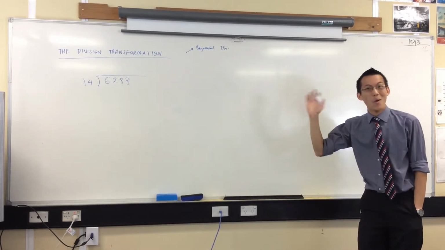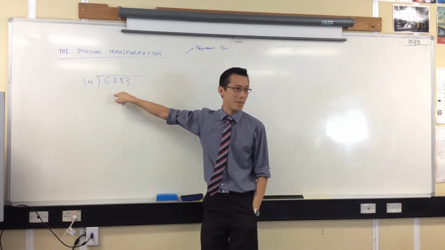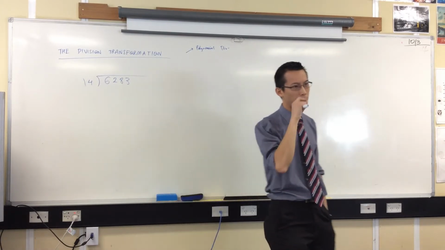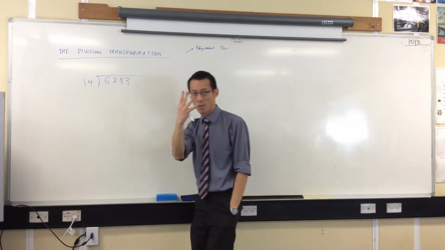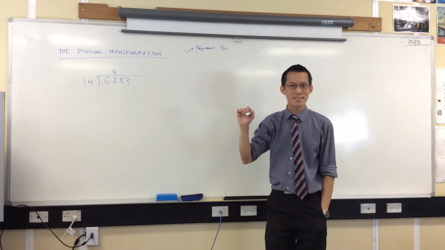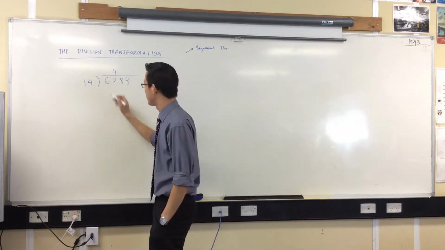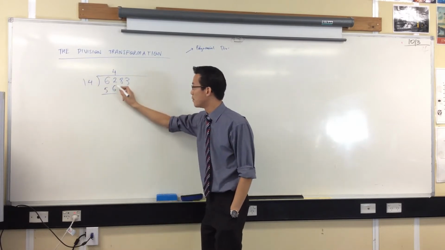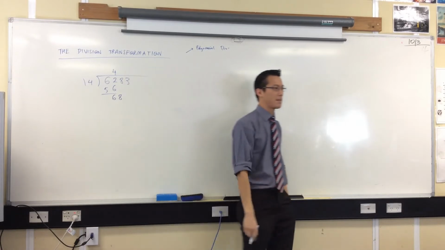Alright, now, we can do this. Let's give it a go. Okay. 14 into 6, how many times? None. 14 into 62, how many times? 4 times 14? 56. So I'm left with 6, carry the 8. How many times? 4.